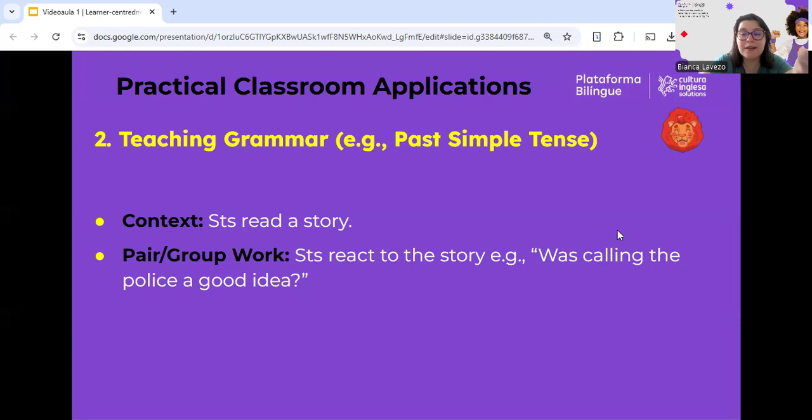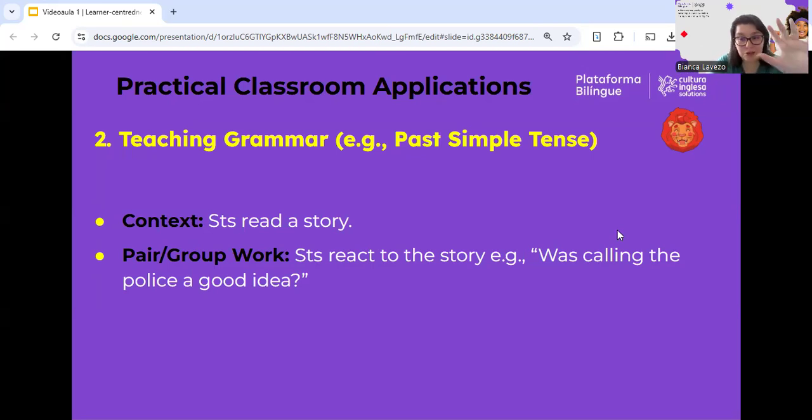So it could be here. Yes, it was because, or no, it wasn't because, da, da, da. Up until this point, students are just using the language in a real scenario without realizing it's in the past or anything like that. They are just reacting, reading the story and interacting with the story in a way.